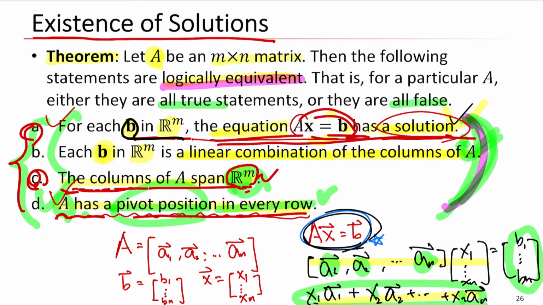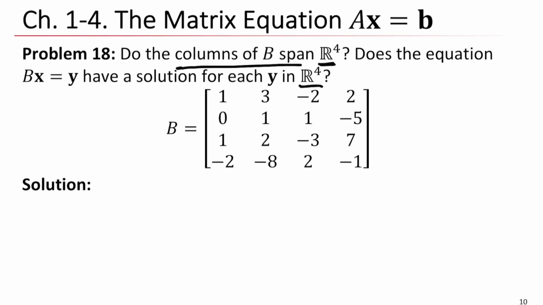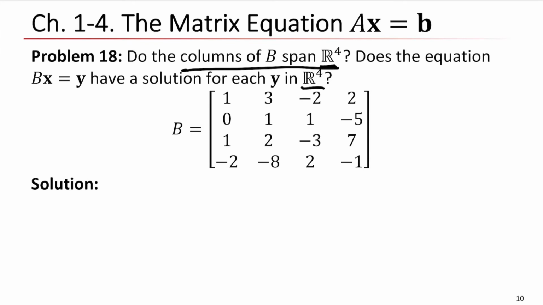So it means that for a particular A, either they are all true statements or they are all false statements, right? Okay, so if we go back to our problem, the columns of B span R4 space is equivalent to Bx equals y having a solution. So these two questions are equivalent.